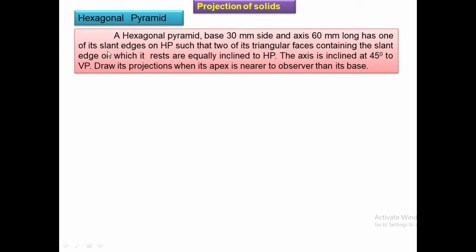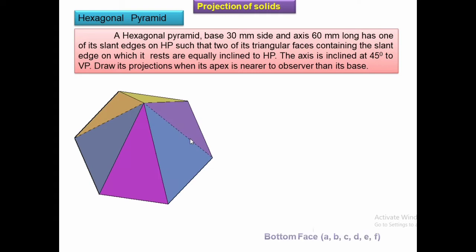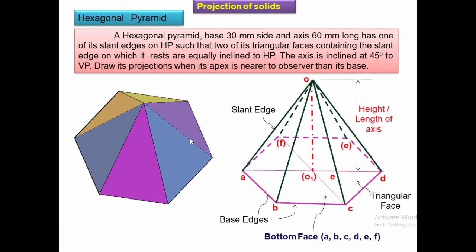Now in this problem, it is resting with one of its slant edges on HP. For the initial position, we have to draw the corner, keeping the corner to the right hand side. Now this is the hexagonal pyramid, a 3D view where we can find the base edges, the slant edges.